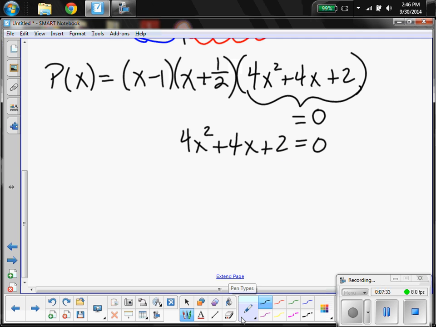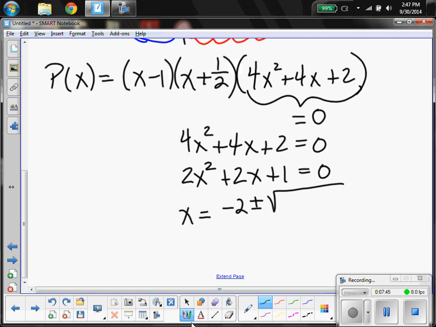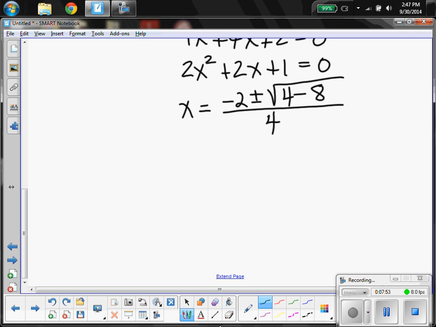It won't factor, but we sure could clean it up by dividing both sides by 2, so why don't we use this instead? And let's use the quadratic formula, negative b plus or minus the square root of b squared minus 4ac, which is 8, over 2a, that's 4. So that's negative 2 plus or minus 2i over 4.